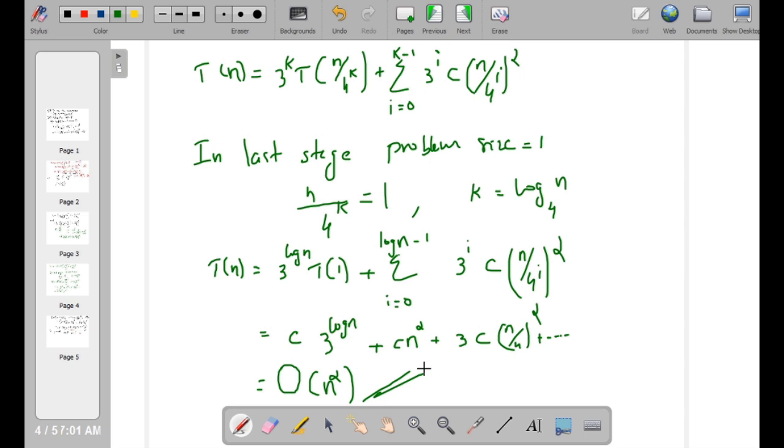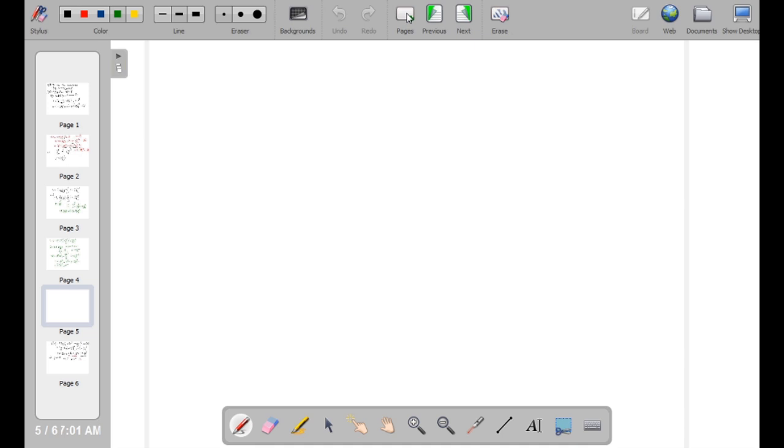Next, let us think about the iteration tree method. Our equation was 3T n by 4 plus theta n square.